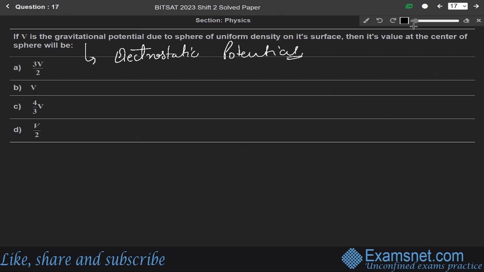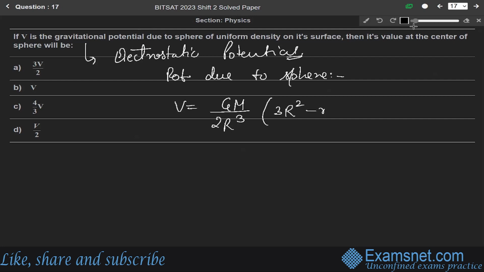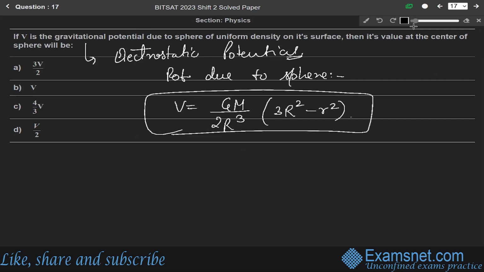First of all, we know that the potential due to a sphere is given by, this is the direct formula, V equals Gm over 2r cube into 3R square minus r square. This is the formula for the potential due to a sphere. So at the surface, this small r will become equal to capital R.